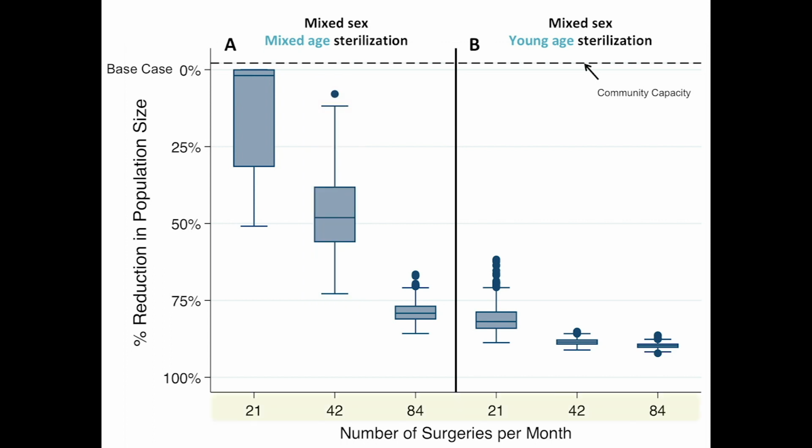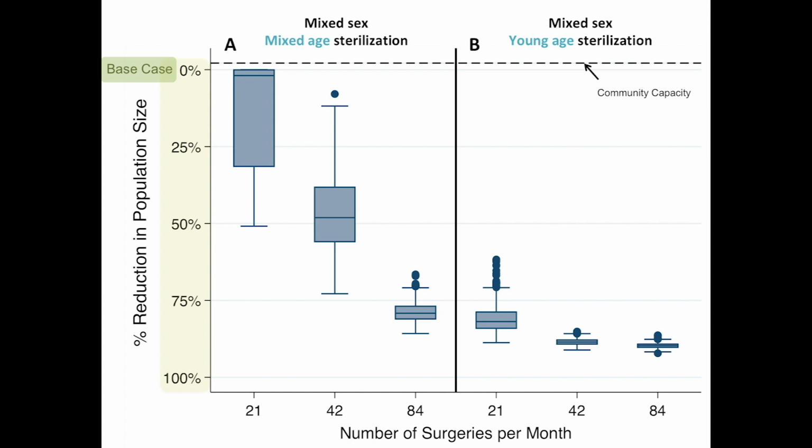On the horizontal axis, we have the 3 levels of surgical capacity: 21, 42, and 84 surgeries per month. And on the vertical axis, we have the percent reduction in population size compared to the base case scenario.